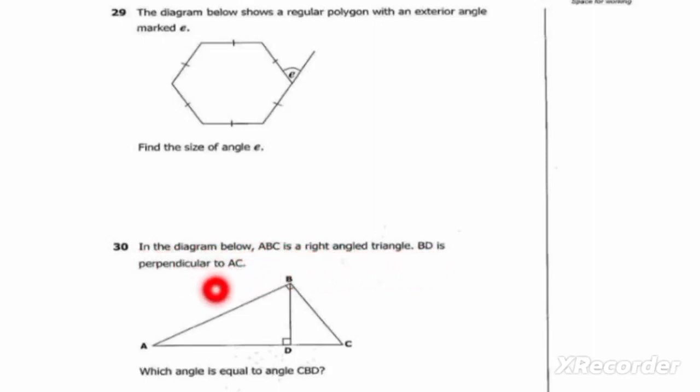BD is perpendicular to AC. Which angle is equal to angle CBD?